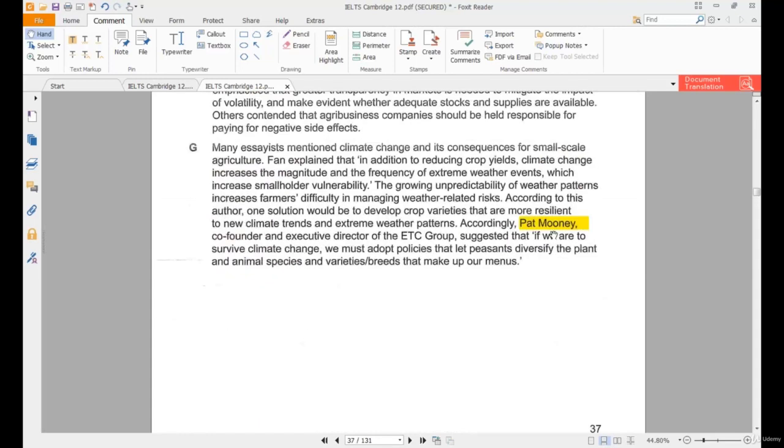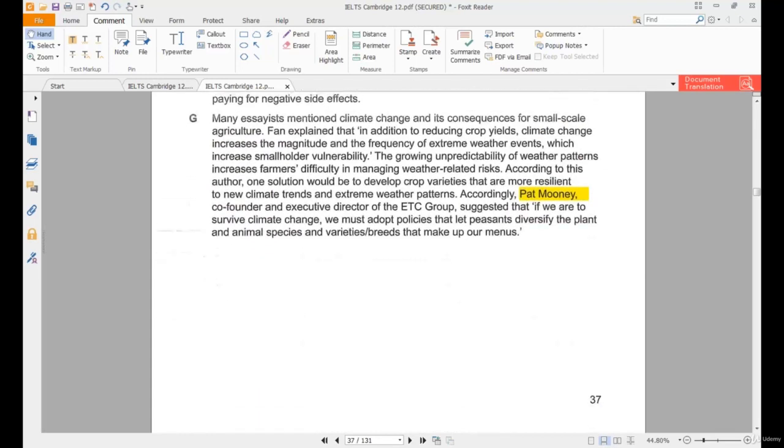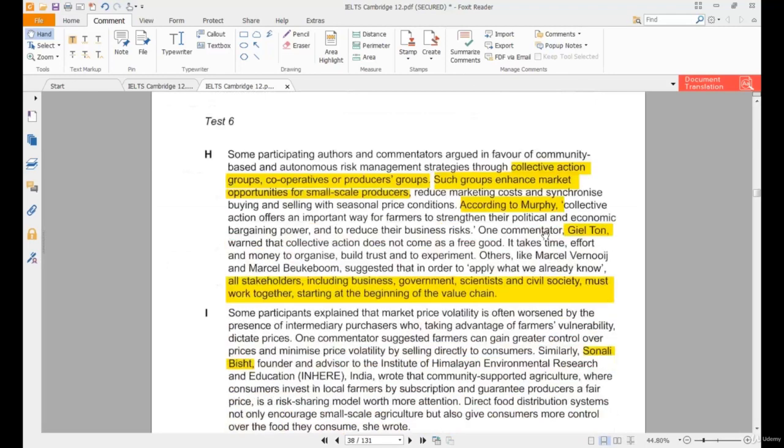We have Pat Mooney. Then we have Murphy again. So please note we have Murphy twice. We have Gil Thon. And then we have Sonali right here at the end. All right, so we have all our names.